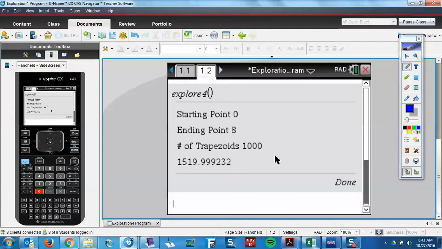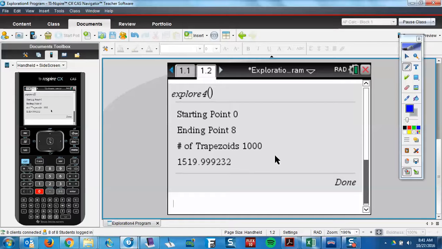It's 1520. If we keep going, we're going to run out of decimals that the calculator will be able to handle. But you're getting 1519.9999999, right? That little tiny bit, no matter how many trapezoids you do, there's going to be that little tiny bit of error you're just not quite getting. But you're going to be able to see that it's heading towards 1520.